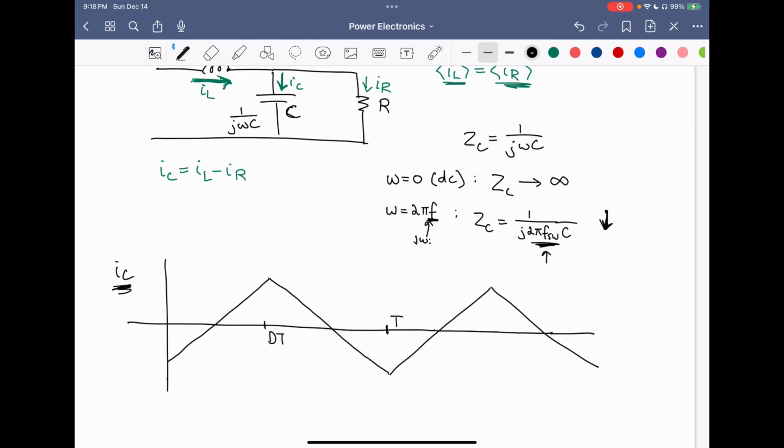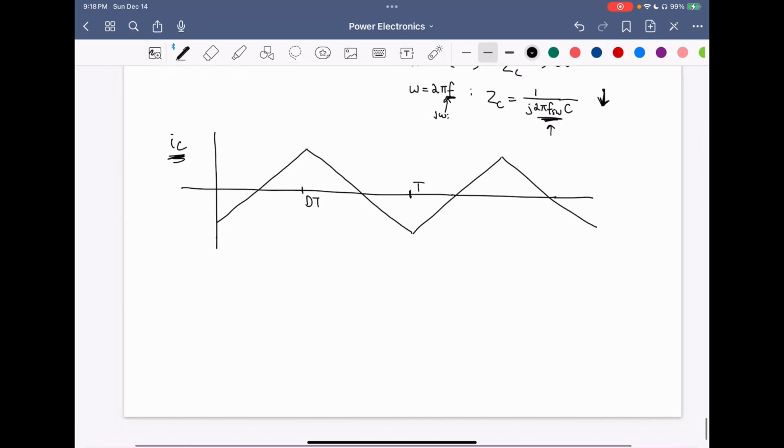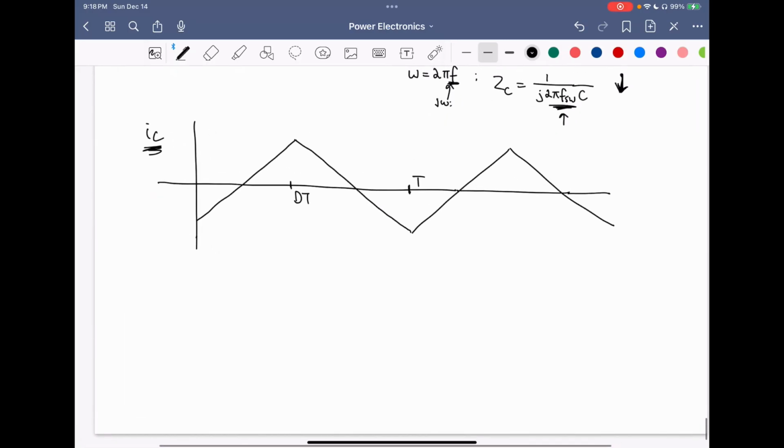Now, how do we find an expression for the output voltage ripple? So the key is that we want to examine the charge on the capacitor. So we know that for a capacitor, the charge stored on the capacitor is equal to the capacitance times the voltage across the capacitor, which is VO.